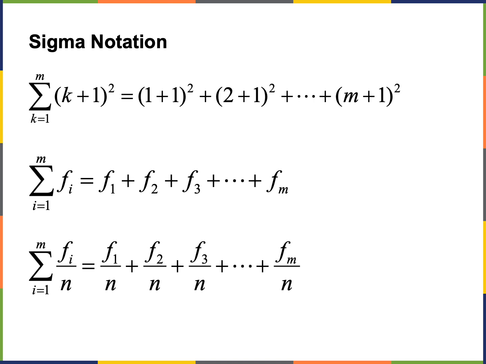It could be i, k, or j. It really doesn't matter as long as they match, so this i matches this i. That tells you to add everything, changing i from 1 to m each time, and then add them all up together. So you have f sub 1 over n plus f sub 2 over n plus f sub 3 over n, up to f sub m over n.